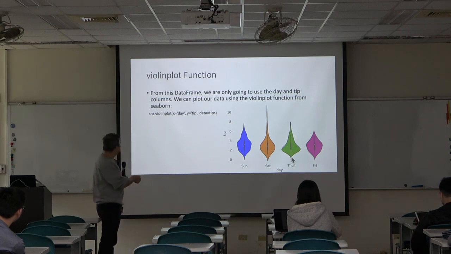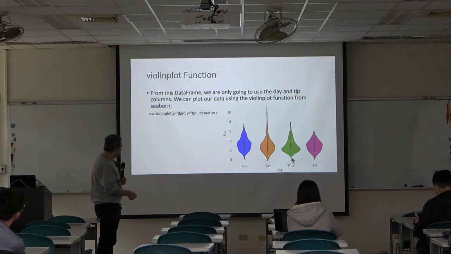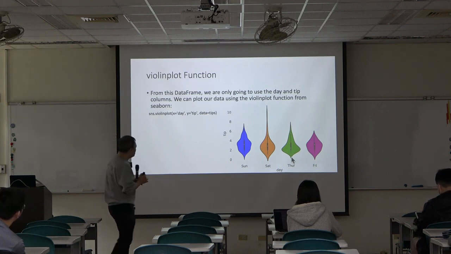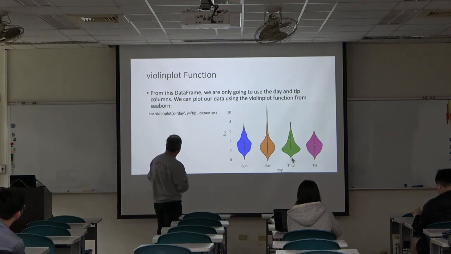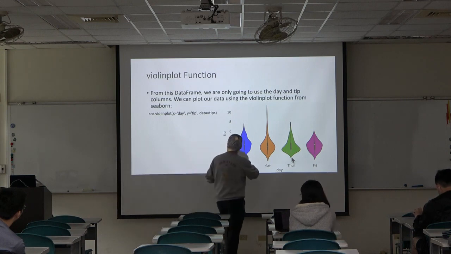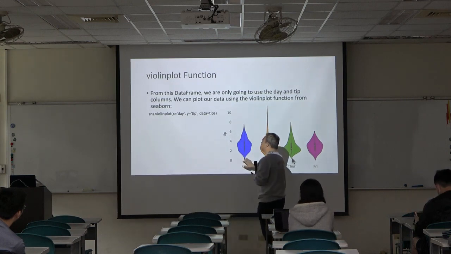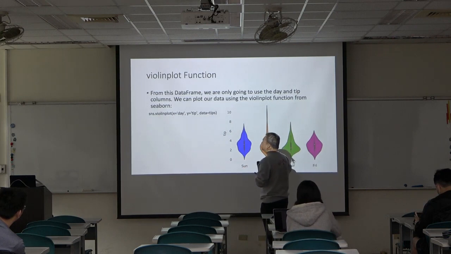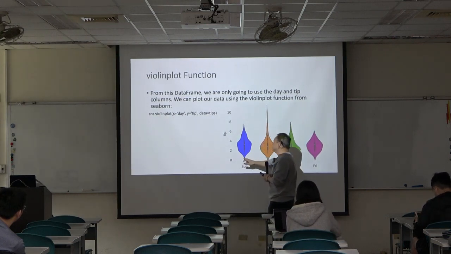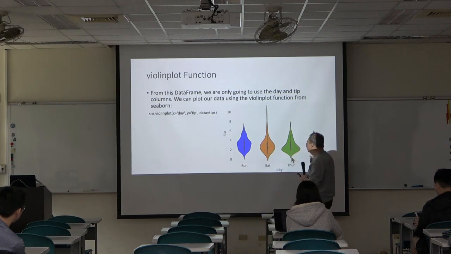If you just output these 4 groups of data, using the day and the tip, you can generate what we call a violin plot. It looks like this.